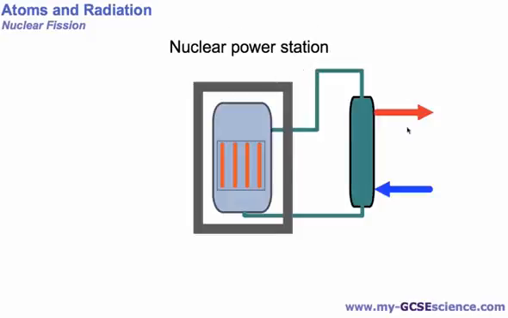Now here's an overview diagram of what goes on. Deep inside the power station, we have what's called the core, and in the core are the nuclear fuel rods. These are the fuel rods in orange I've drawn here, and we usually use one of two types of element that we can carry out these reactions with in order to produce our heat.